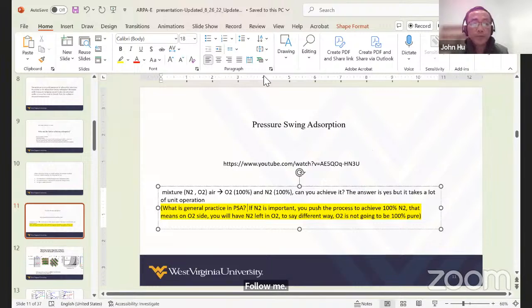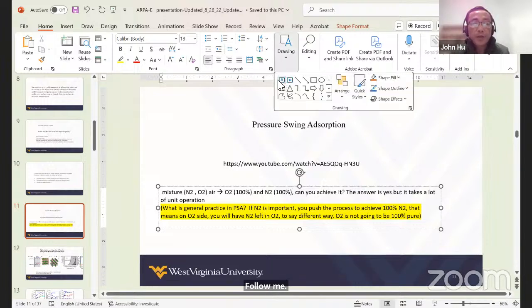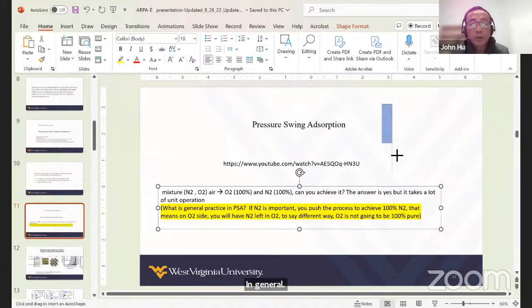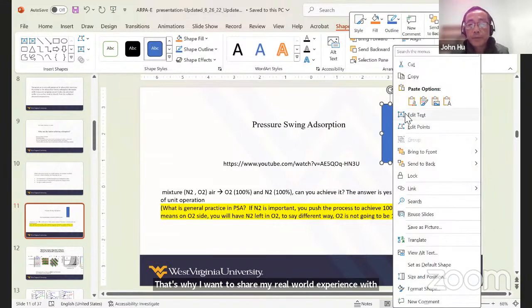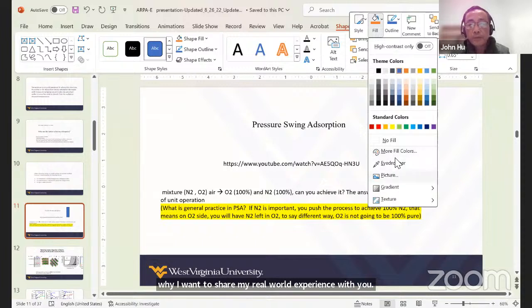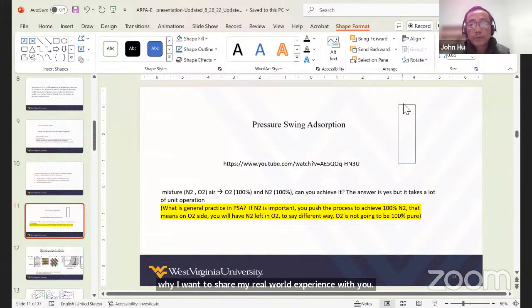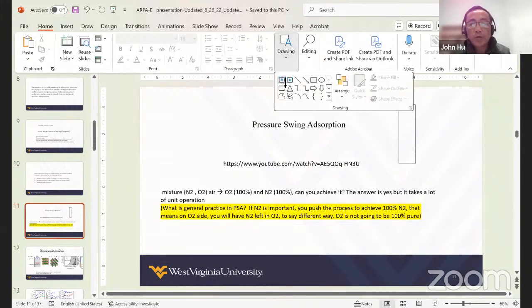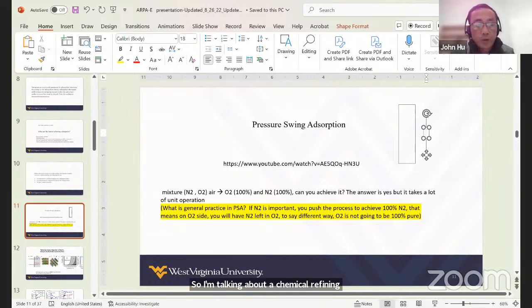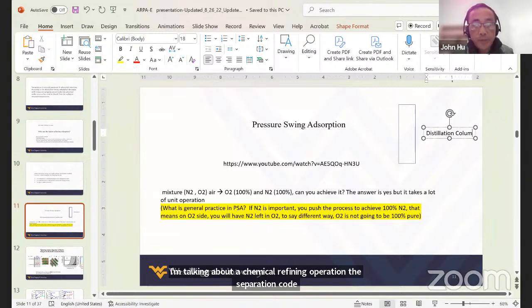The pressure swing, and in general, that's why I want to share my real world experience with you. I'm talking about a chemical refining operation, the separation called distillation column.